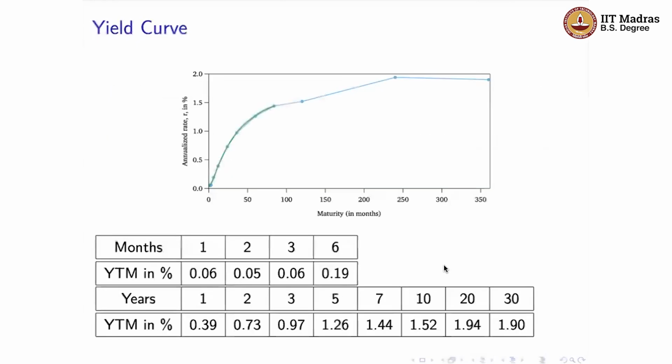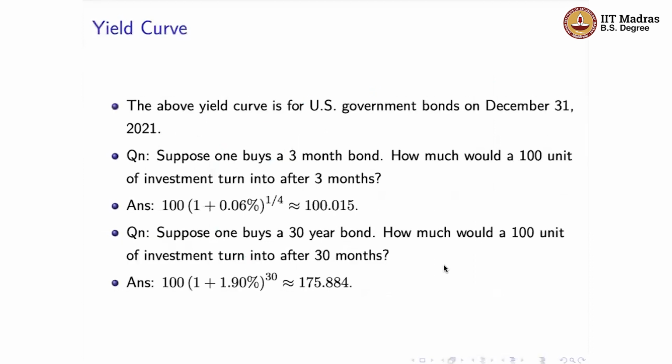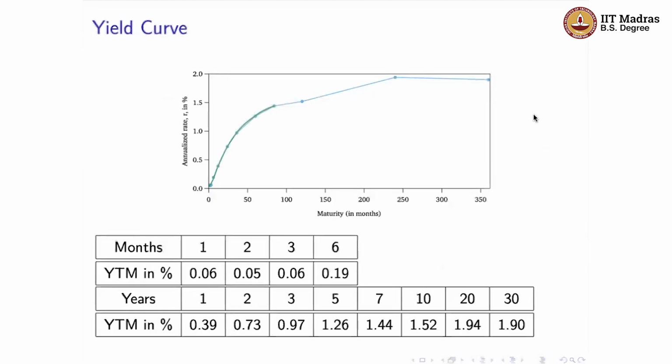This is the yield curve for a particular date. This is the one for the US government bond on December 31, 2021, right? You can have the yield curve for different bonds. It can be for the US government bond, the Indian government bond, or British government bonds. It can be for different corporate bonds as well, right?